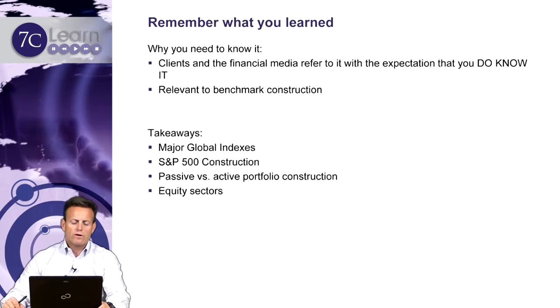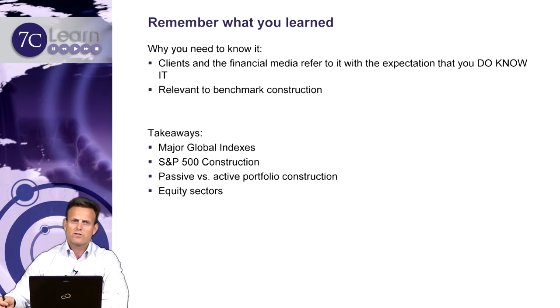Okay, so what did we learn? We learned about the major global indexes, where they are in the globe, or approximately where they are in the globe, given my geography. And then we also talked about the S&P 500, how it's constructed. That's market cap weighted. It's a modern index as compared to the Dow, which is price weighted, which is a bit of an antiquated methodology.